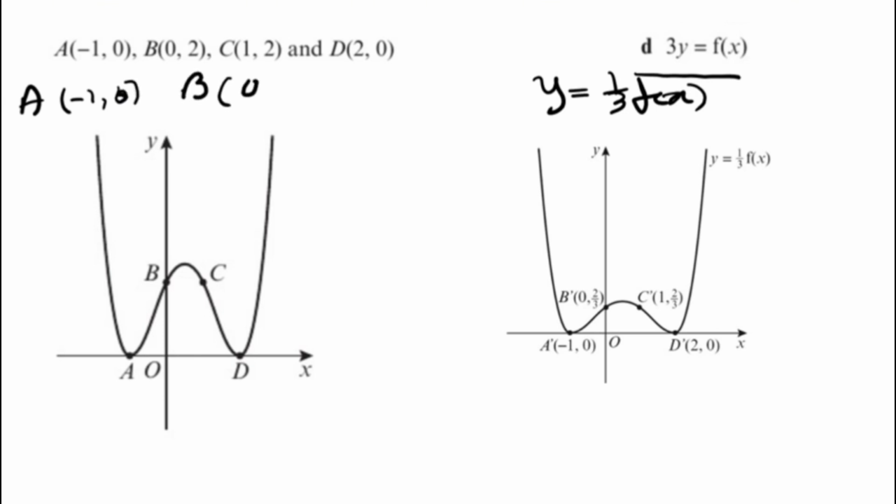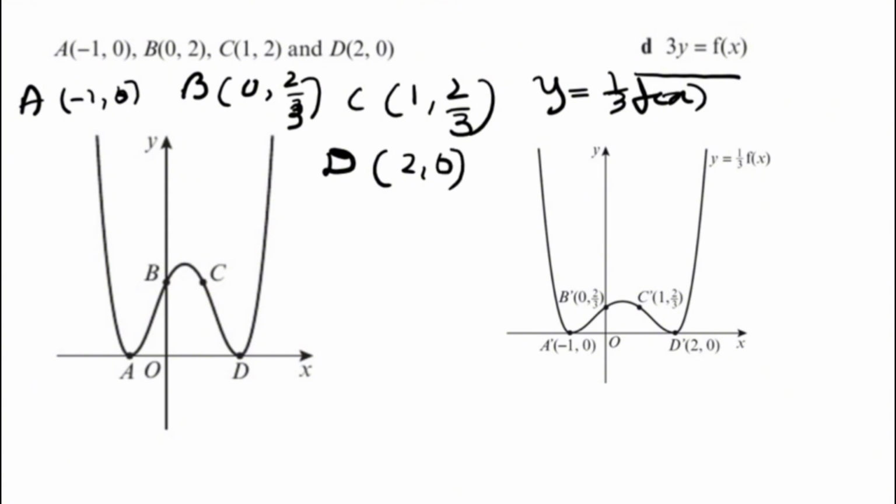B coordinate is (0, 2/3). Then the C coordinate becomes (1, 2/3), and the D coordinate is (2, 0), the same because 0 divided by 3 is 0. So you can see this is your transformed graph. This is the way we can transform these points.